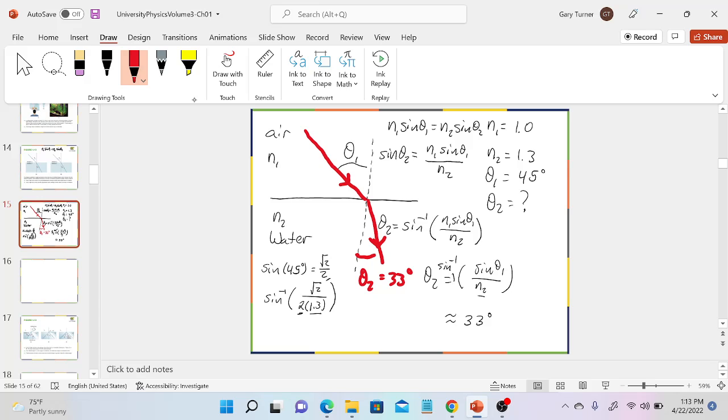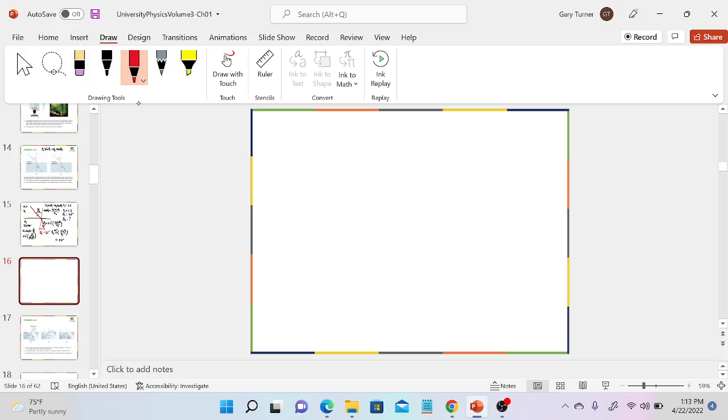But this is not always going to be the case. So for example, what's going to happen if I have a situation where I'm in water and I go into glass? Actually, let's go from glass into water. Let's do that. So let's say I have a boundary here, and down here is water.